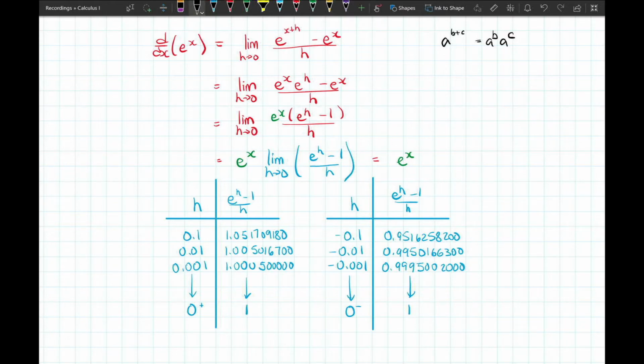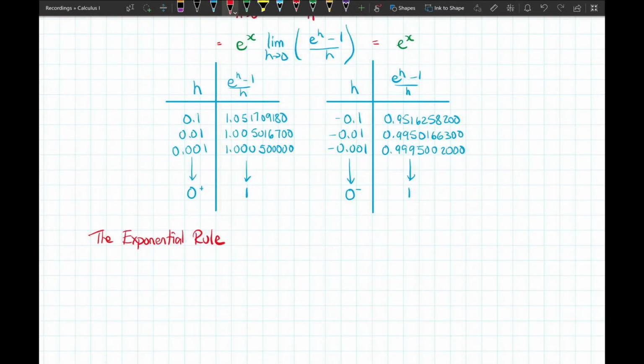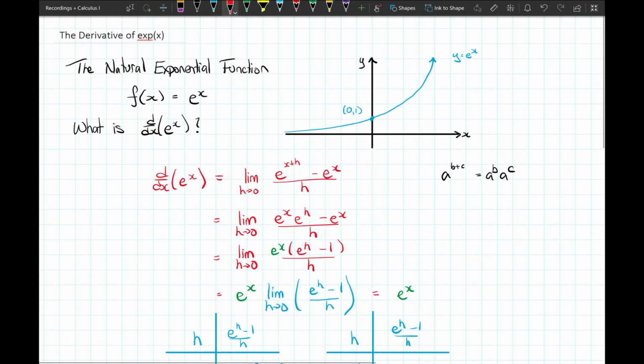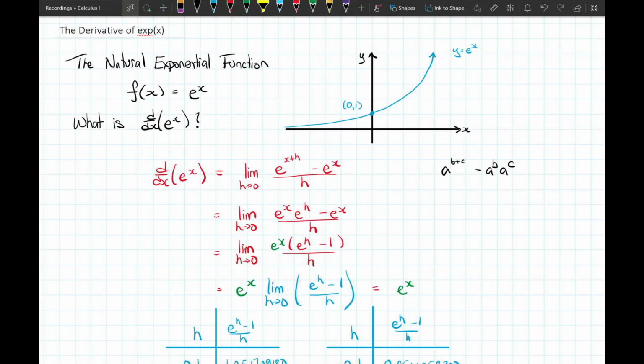So we end up with just the nicest possible rule here, the exponential rule. The exponential rule says whenever we differentiate e to the x, it is its own derivative. Now, it probably sounds a bit strange to say that, but here's what it actually means. We can go right back up here to this graph now and think about the slope of a tangent line at any given point.